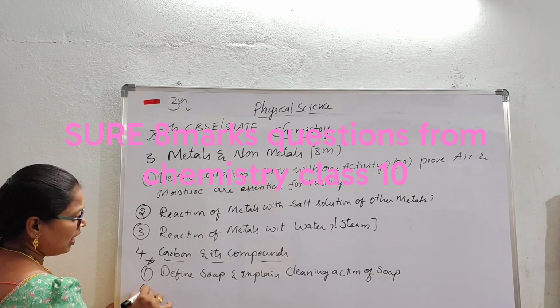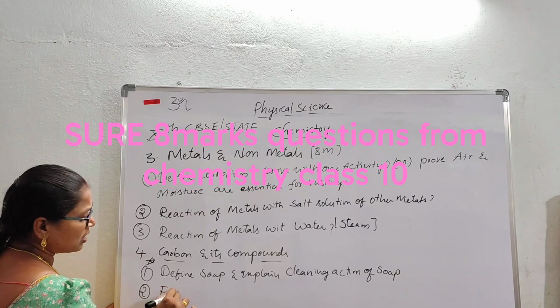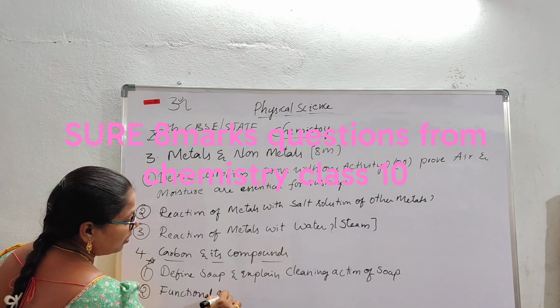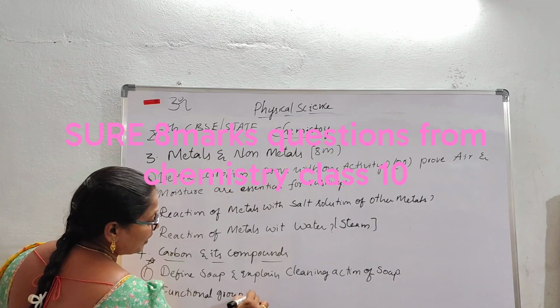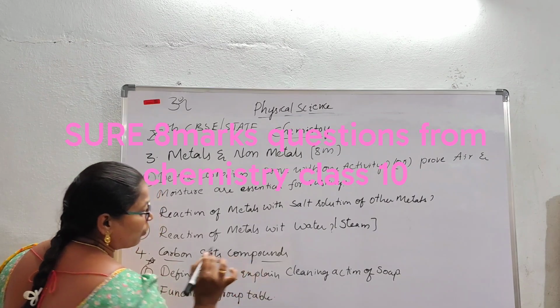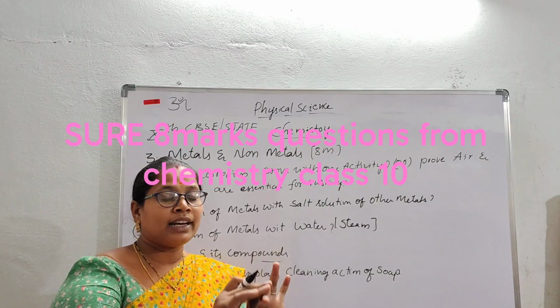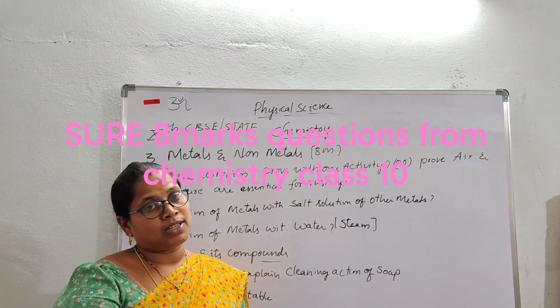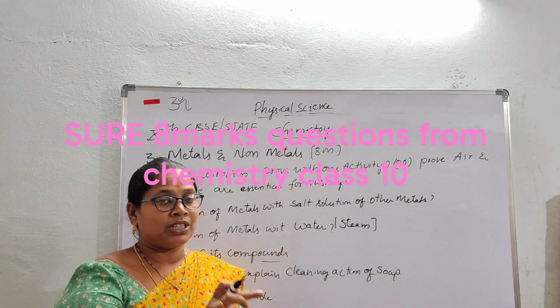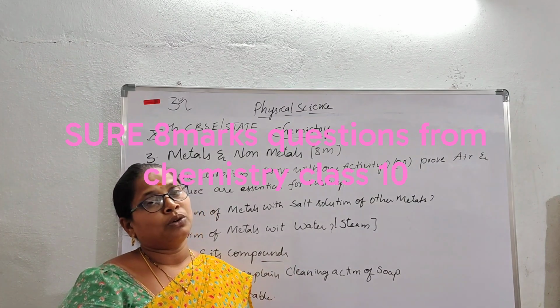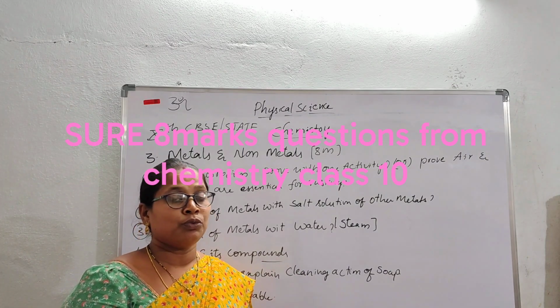Second one, the functional group table. We have 4 functional groups mentioned: alcohol, aldehyde, ketone, carboxylic acid. They give information in a table, but miss some information, and we have to complete the full table.